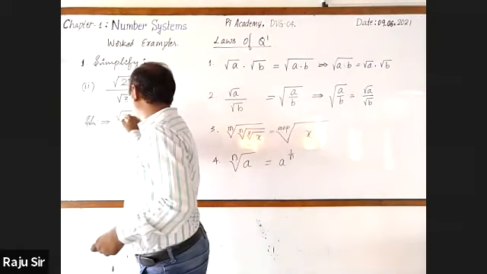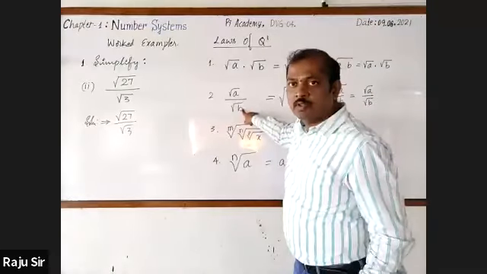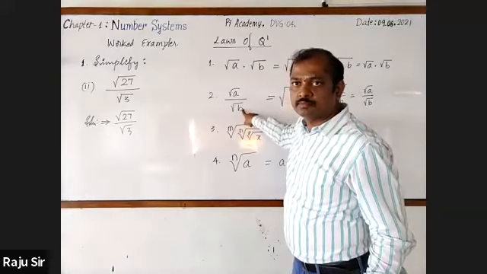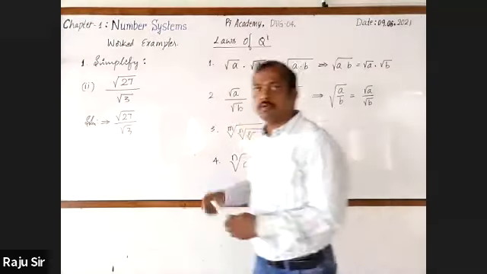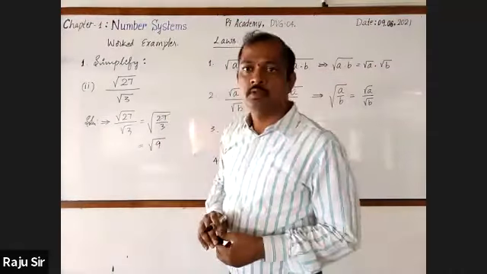See, square root of 27 by square root of 3 is of the form root a by root b. This is equal to square root of a by b. Now, this can be written as square root of 27 by 3, which is the square root of 9. Square root of 9 is 3. The total value is 3.